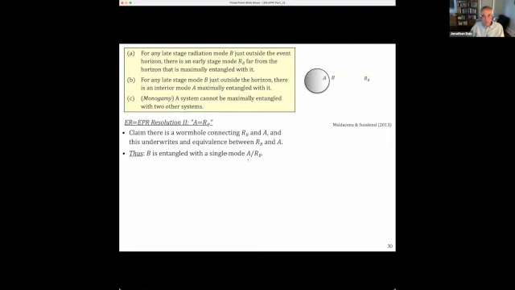And their equivalence, again, under ER equals EPR is justified, supposedly, by the existence of a wormhole that connects them.